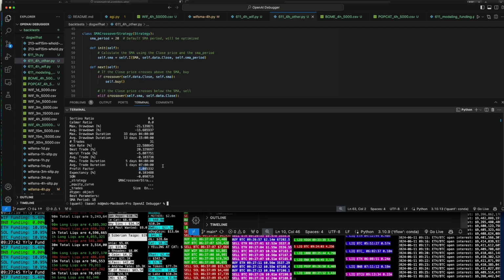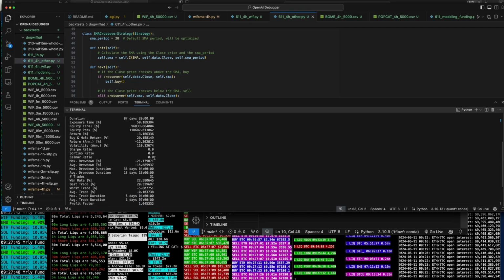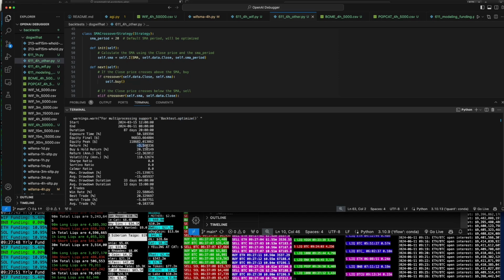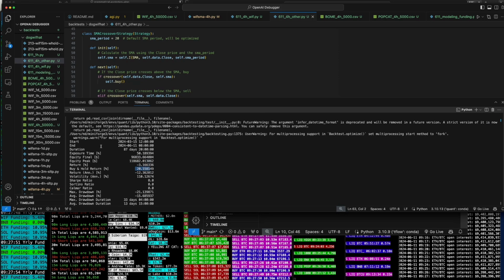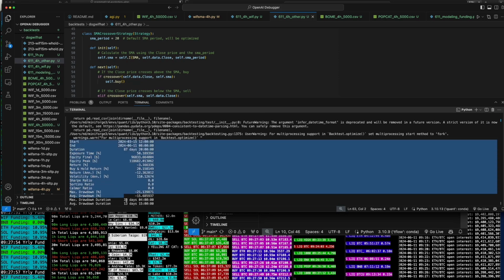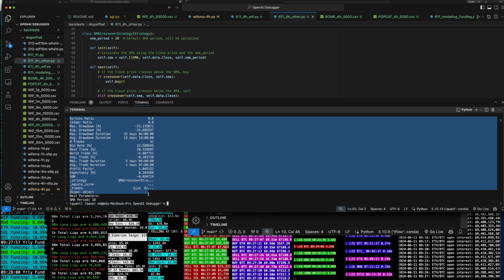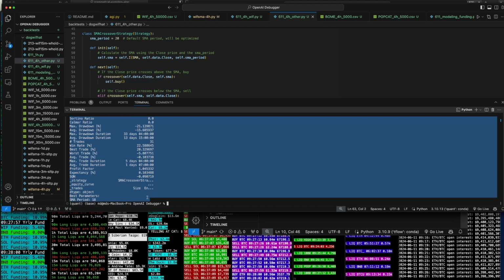Profit factor 1. Expectancy 0.1. The return is negative 3%. Buy and hold is 20%. So it does not work on Bohm. That brings my confidence levels down.